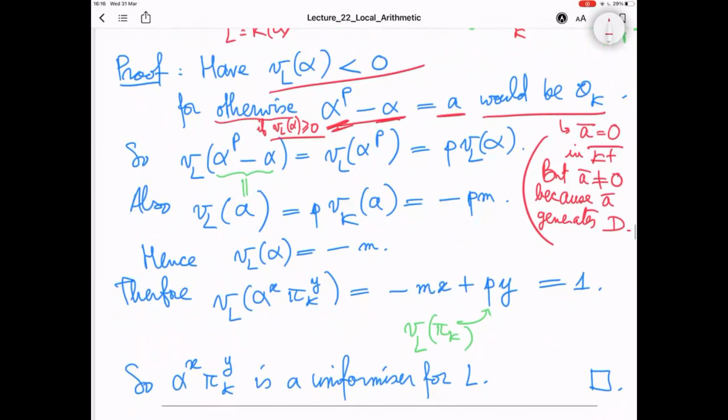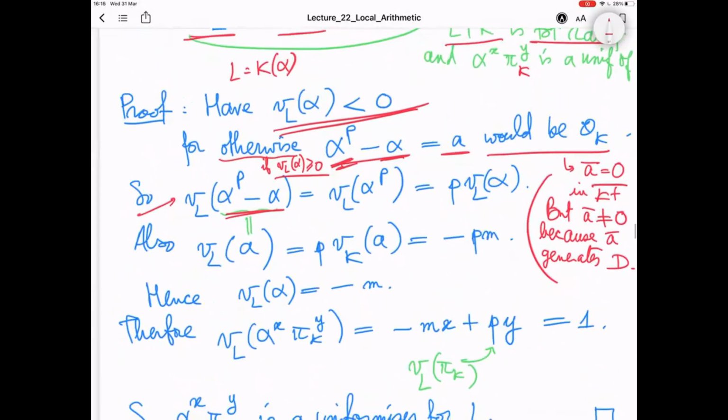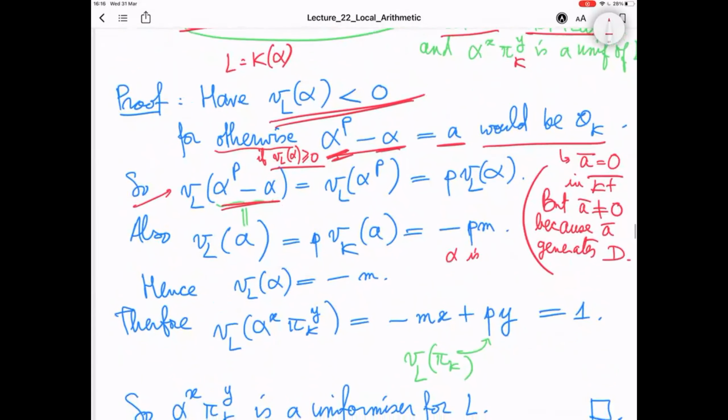Okay, so VL of alpha is strictly negative, and therefore VL of alpha to the P minus alpha, remember this alpha to the P minus alpha is equal to A because alpha is a root of T to the P minus T minus A. So of course, alpha to the P minus alpha is equal to A.